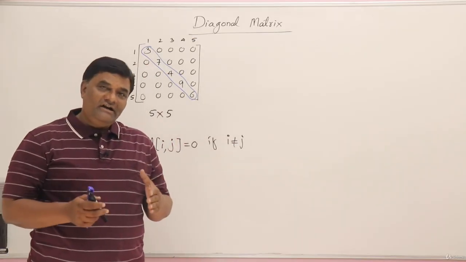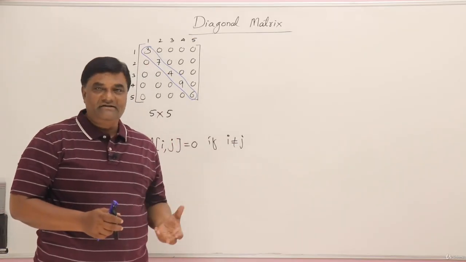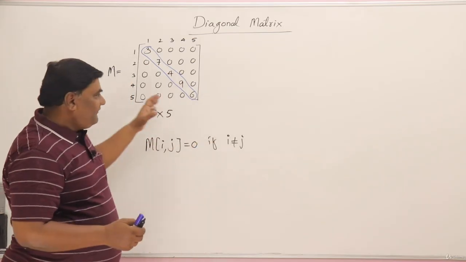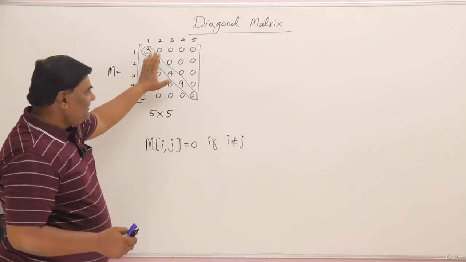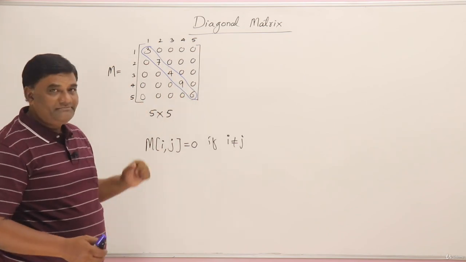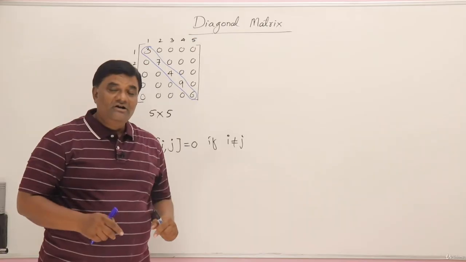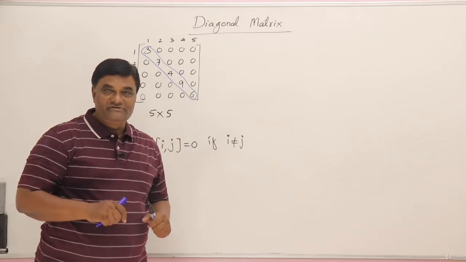Now, if I have to represent a diagonal matrix in a program, then for a matrix I have to take a two-dimensional array, 5 rows and 5 columns. But if I take a two-dimensional array of size 5 by 5, most of the elements will be zeros.